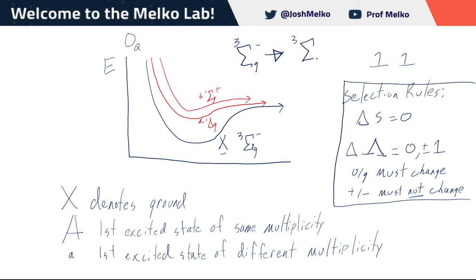So sigma is fine, triplet is fine. It has to become ungerade. And it must change to minus or plus.